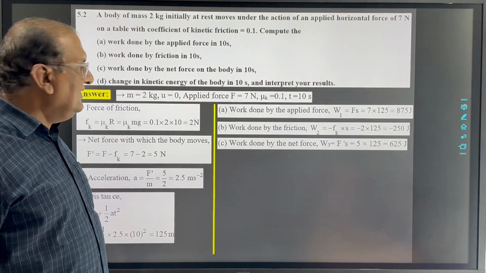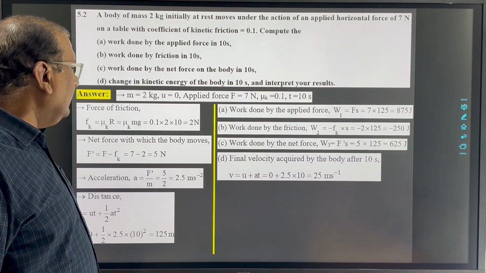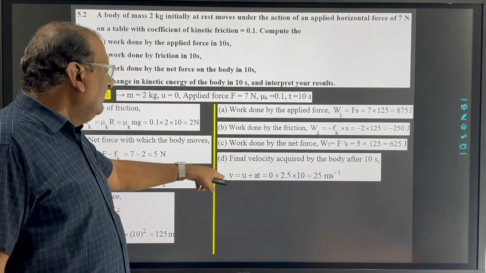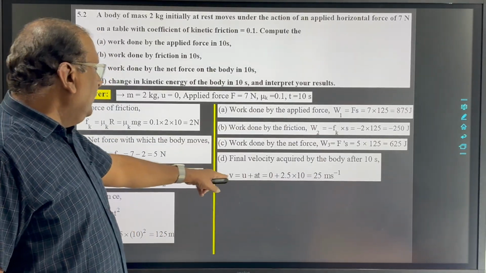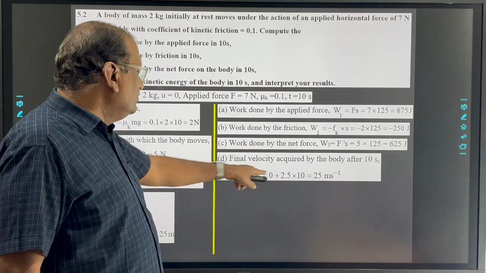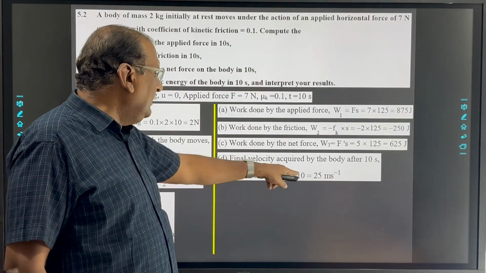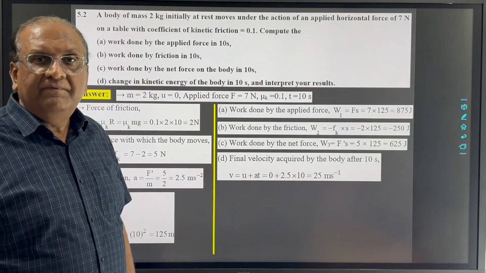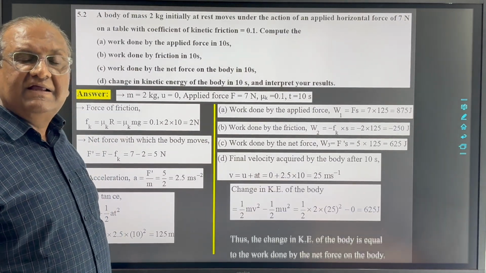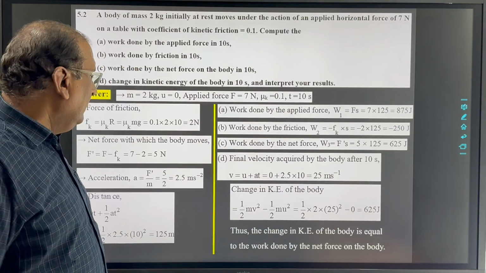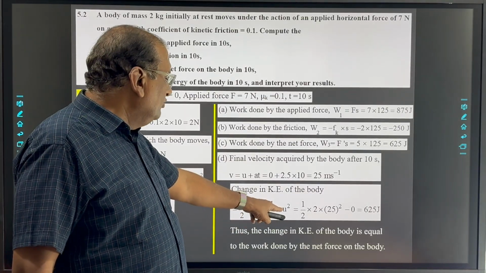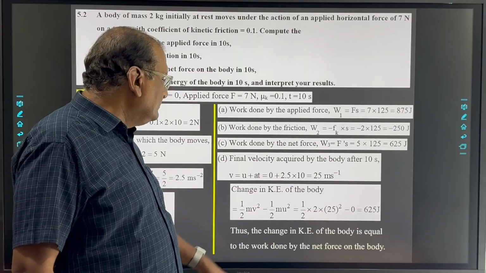So change in kinetic energy, we can write by calculating the final velocity after 10 seconds. V equal to U plus AT, U 0, A 2.5, T 10, so 25. Now change in kinetic energy is half m V square minus half m U square, but half m U square will be 0 because U is 0.